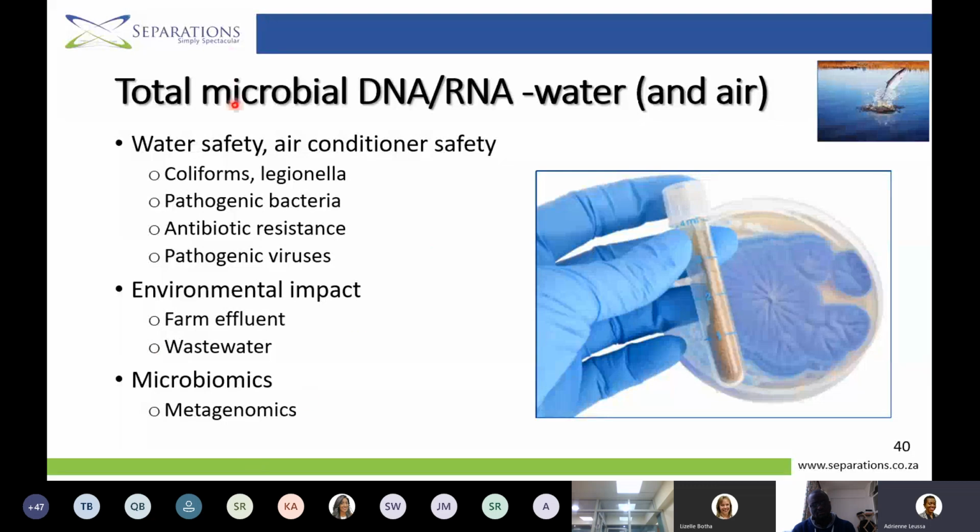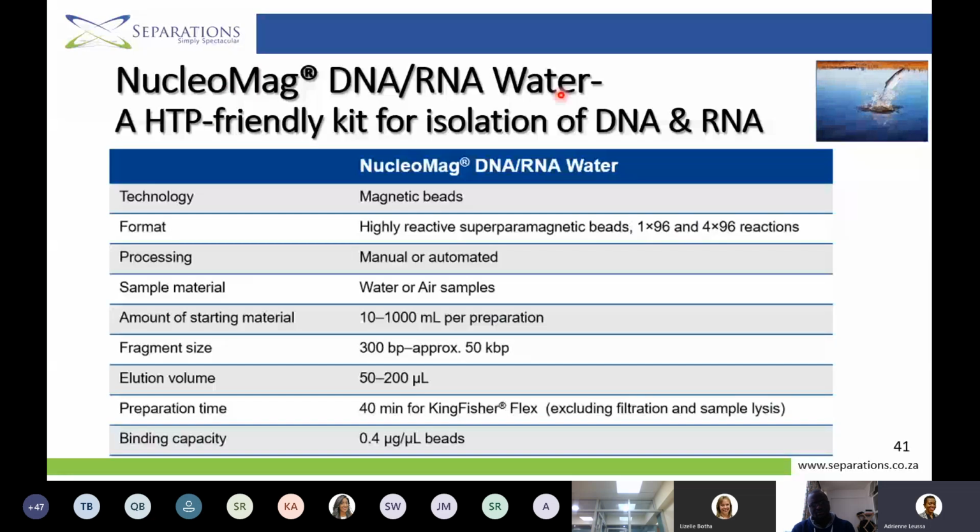Those are usually the areas of focus for people who are looking to isolate total microbial nucleic acids. For this, Macherey-Nagel offers the NucleoMag DNA RNA Water kit. This is a recent product that came out last year, and it's magnetic bead based.